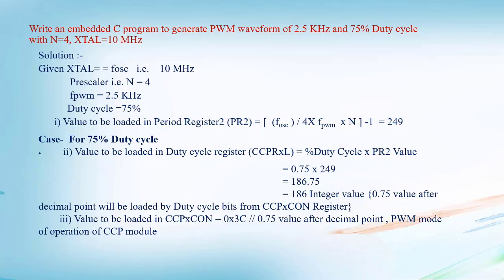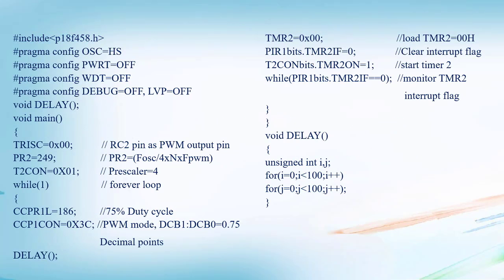So the value to be loaded in CCPx control is 0x3C, which covers the 0.75 fractional value and PWM mode of operation of the CCP module. So put the values of PR2, CCPR1L, and CCP1 control register into the program.